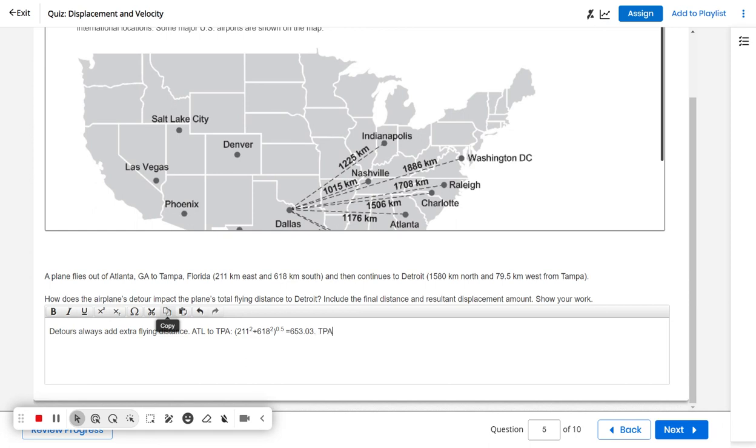And then from Tampa to Detroit, I'm going to give you 1580. I have to press the space button. As you see, I'm trying to get used to this software like everybody else.